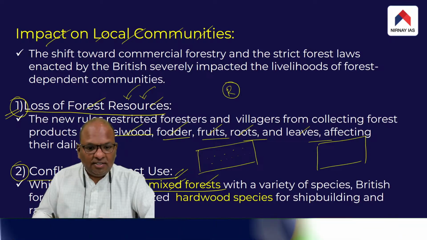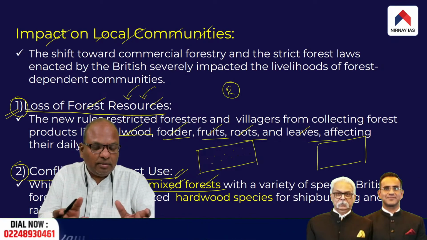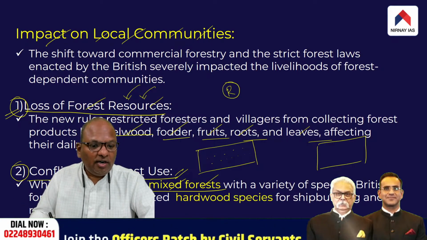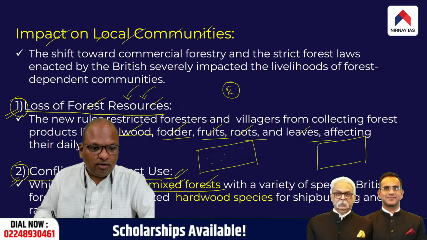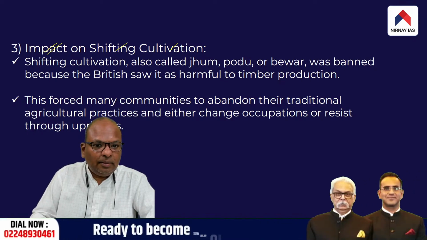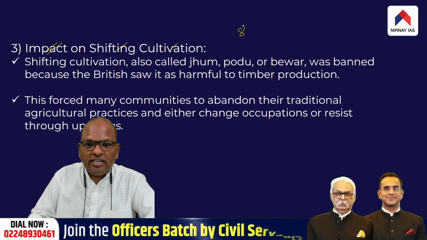As a result, a conflict began erupting between the British and the people living close to the forest over the forest use itself. That is the second impact on the people. The third is that the British, under the same forest laws, banned shifting cultivation.